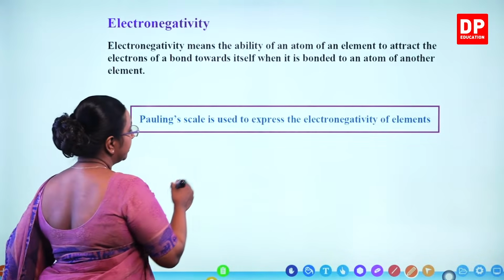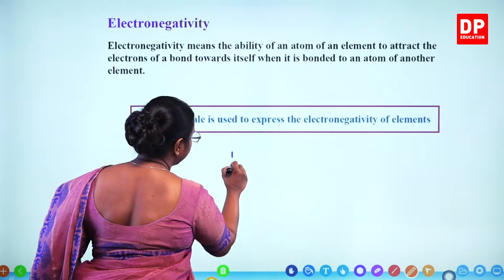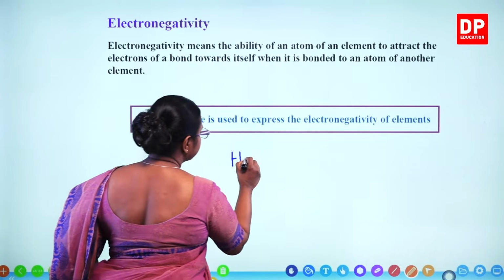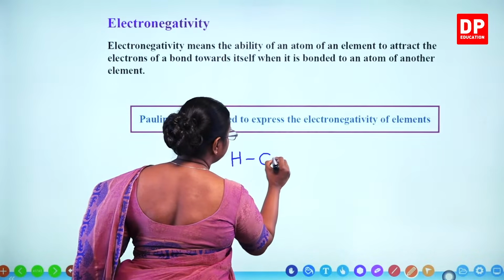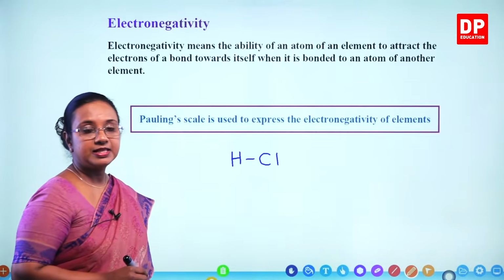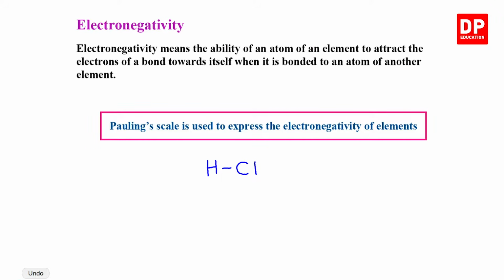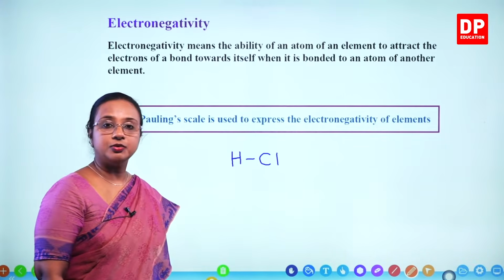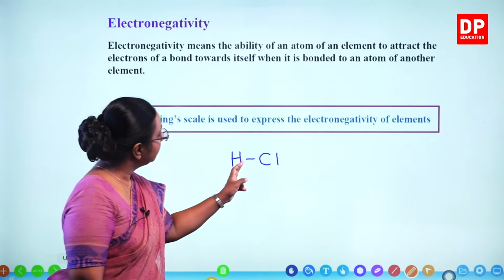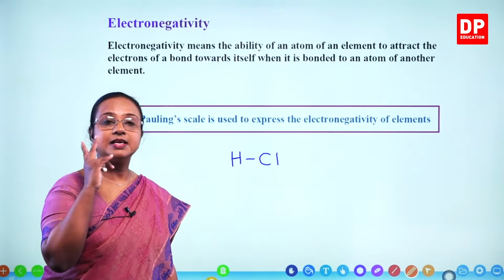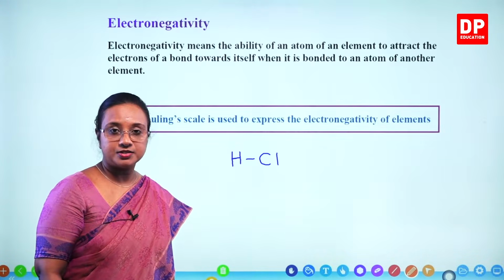If we take a molecule where an atom of hydrogen is bonded to an atom of chlorine, this is hydrogen chloride. If you look at this molecule, there is a hydrogen atom and a chlorine atom. The bond means it's a pair of electrons.